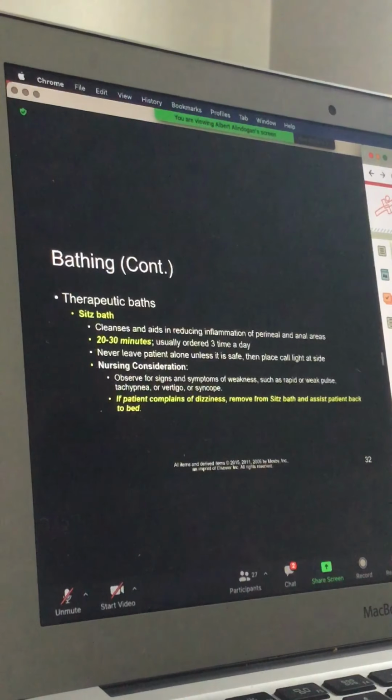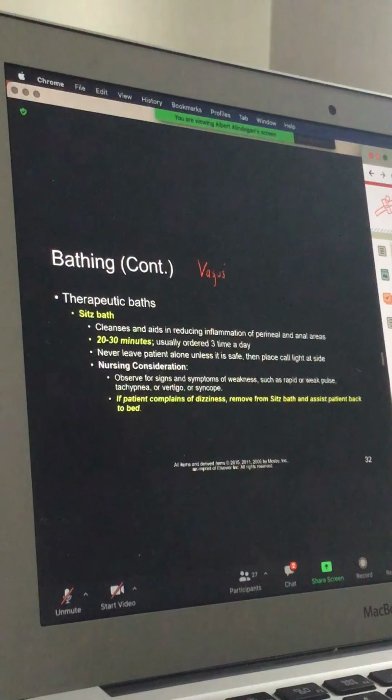What do we call that nerve? Cranial nerve number 10. Anybody remember it? It starts with a letter V. Yes, the vagus nerve.